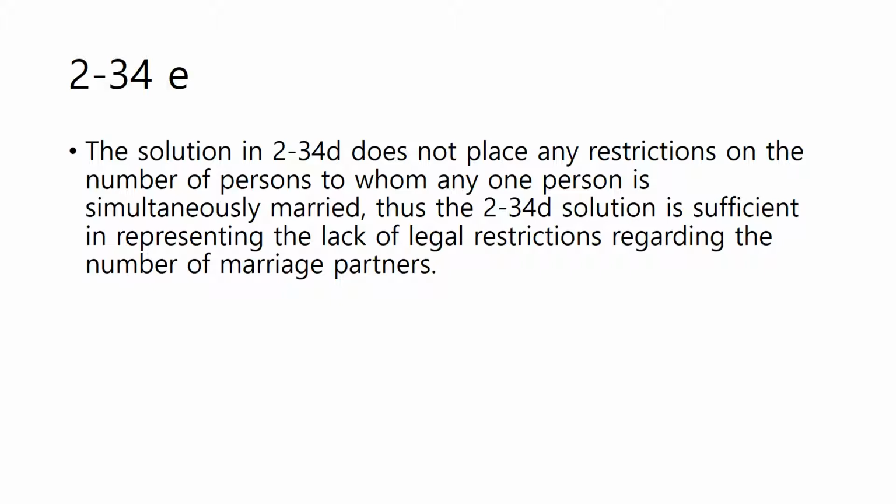But the important one is polygamy system or monogamy system. Usually, almost every country adopts the monogamy system, which means one person is married to only one person. Not too many persons.